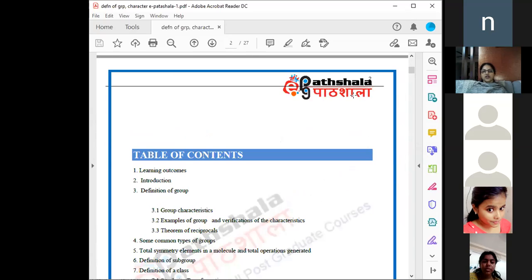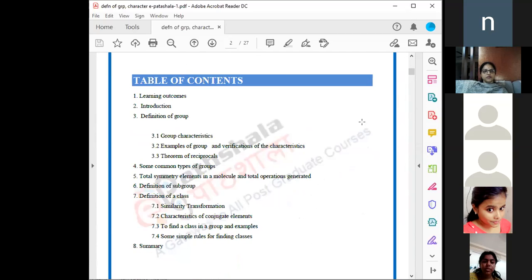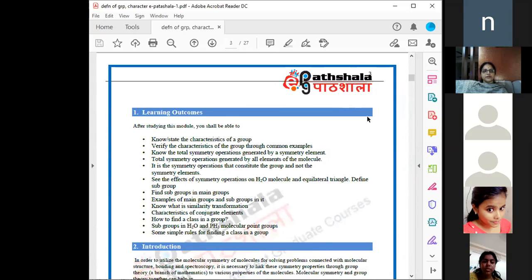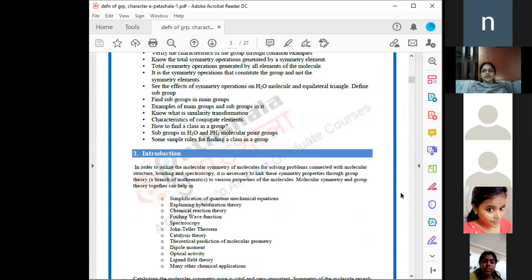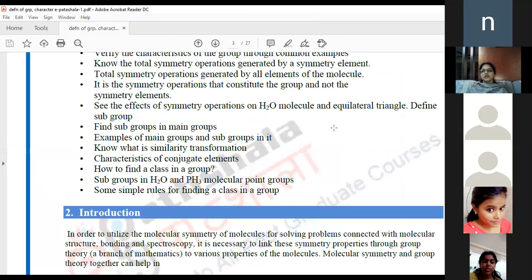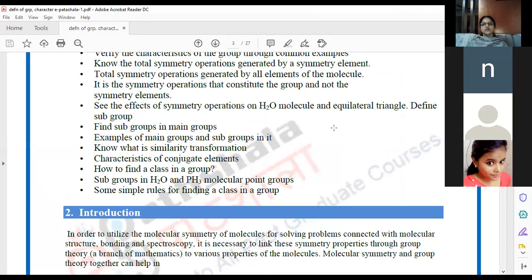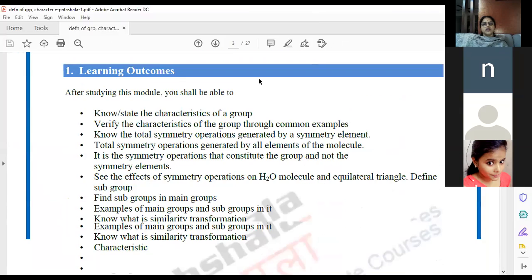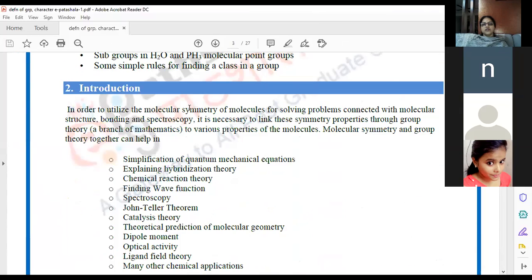Okay. So your syllabus tells that you are supposed to study about group theory. What does this group theory exactly mean?